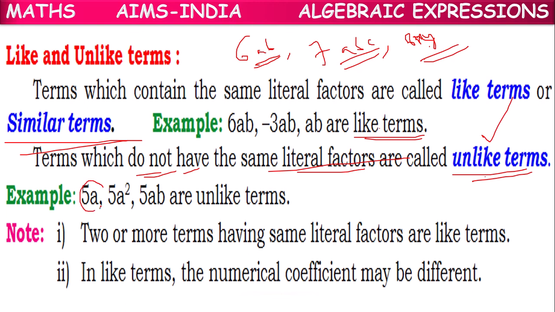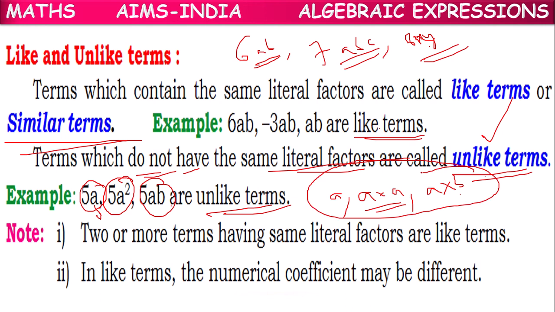So 5a, 5a square, 5ab are unlike terms, because in the first the literal factor a is only one time, in the second a square means a into a, 2 times, and in the third a into b. The literal factors are different in the 3 terms, so they are unlike terms.